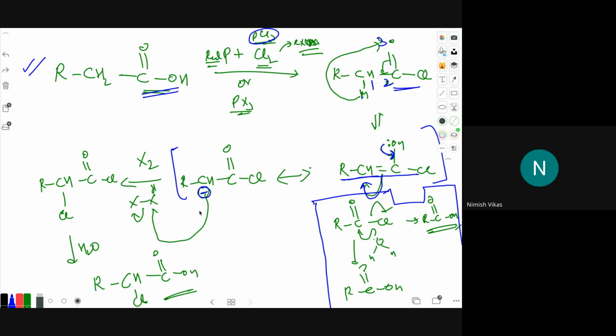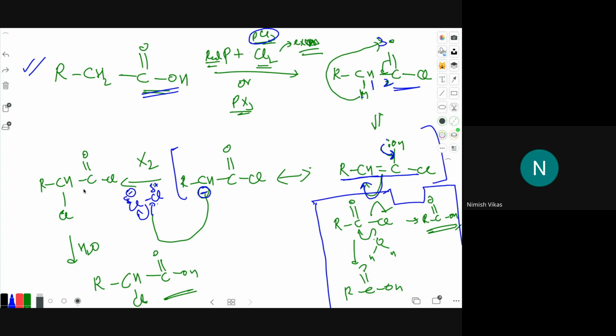This oxygen is more electronegative, so it will try to hold the 2 electrons with it only. So first, this forms a resonating structure like this, just to show it that way. And this reacts with our what? Imagine this X2 is Cl2. So negative will obviously attack anything positive. So this will go and attack over here, and Cl negative will come out.